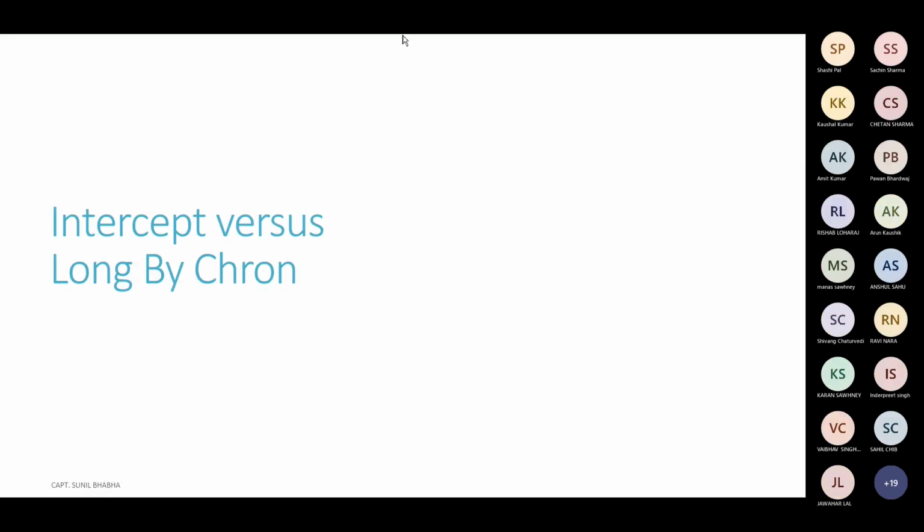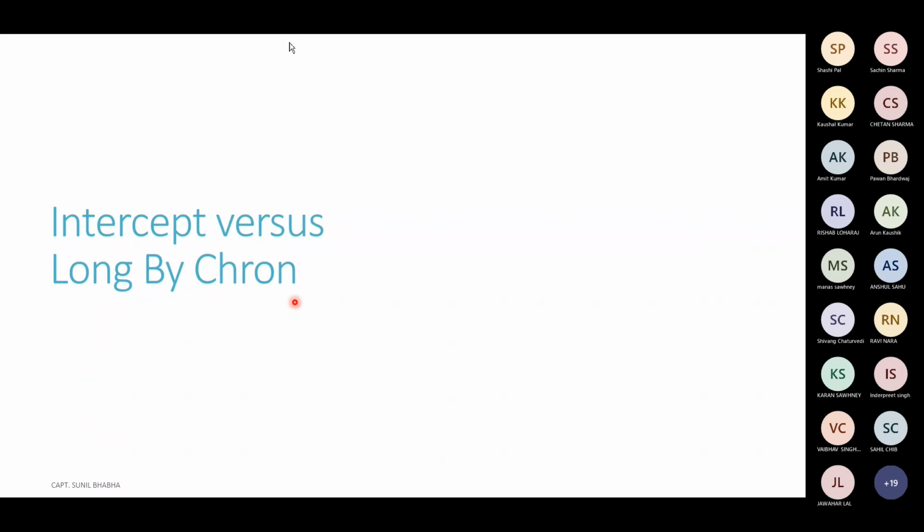Now, one important concept which I would like to clarify is the comparison between the intercept method and the long by Cron method.